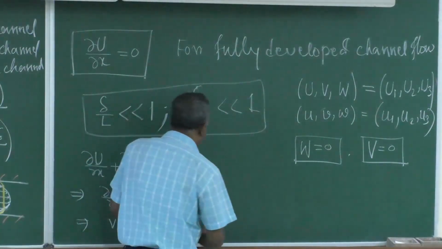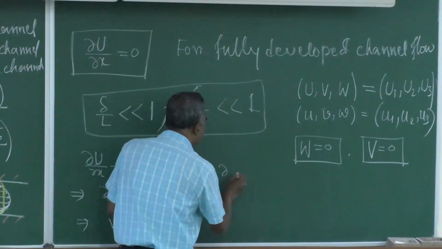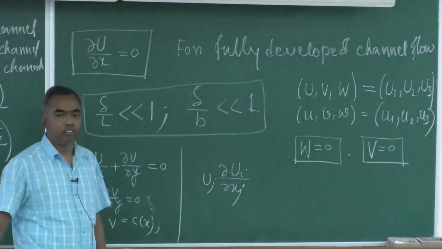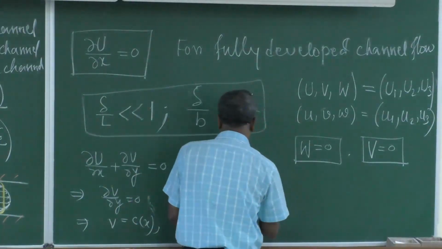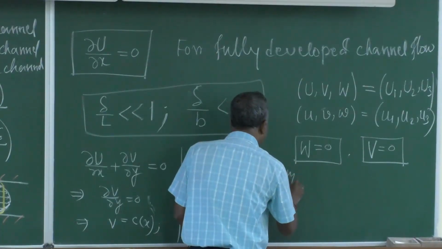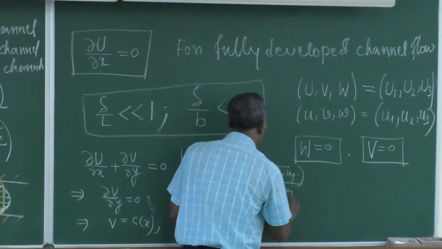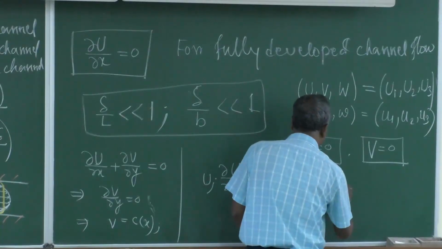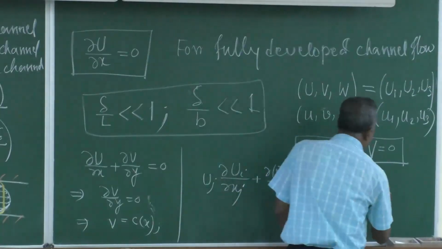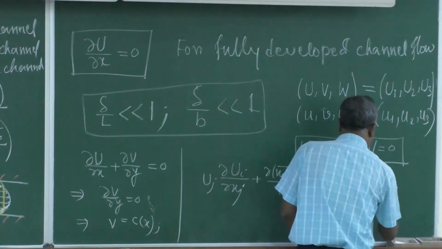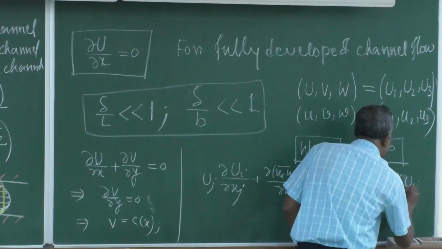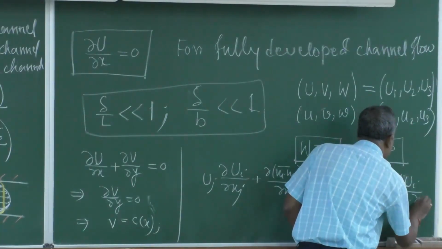If you remember, our mean momentum equation, u j del u i del x j, can be written as del of u i u j bar del x j equals minus 1 by rho del p del x i plus nu del 2 capital U i del x j del x j.